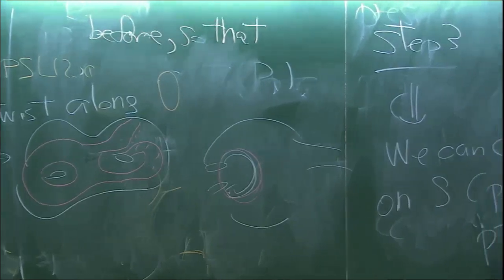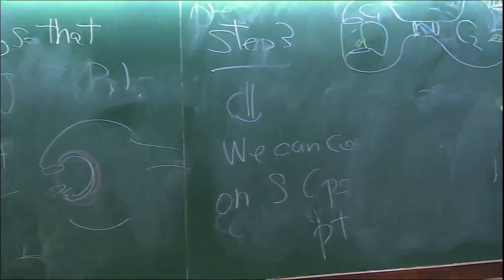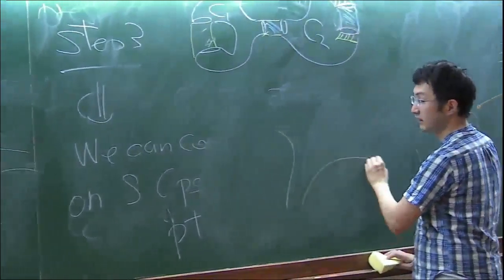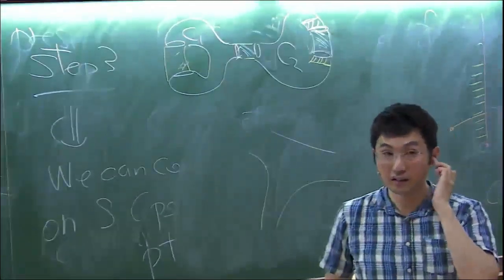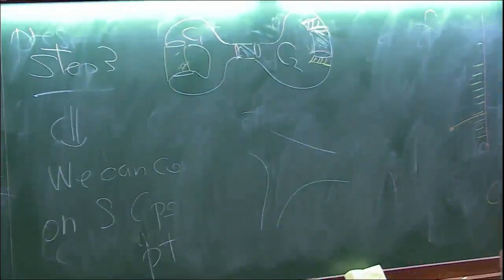Am I answering your question or not really? But it needs to be discrete: the representation must be discrete if you restrict to a pair of pants. It's already Schottky.